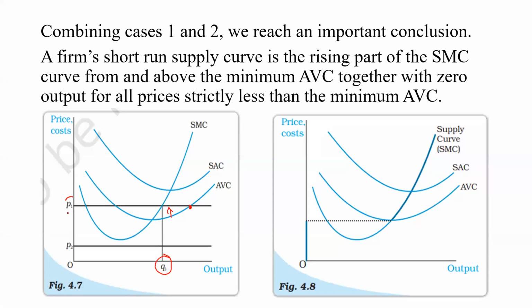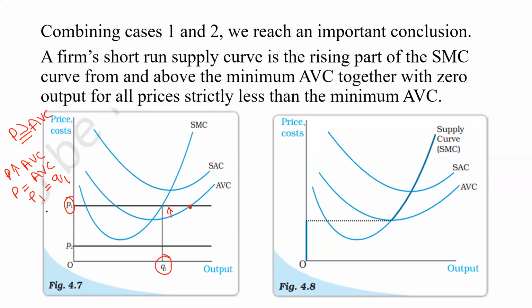P1 will be our price and Q1 is the output we will produce.